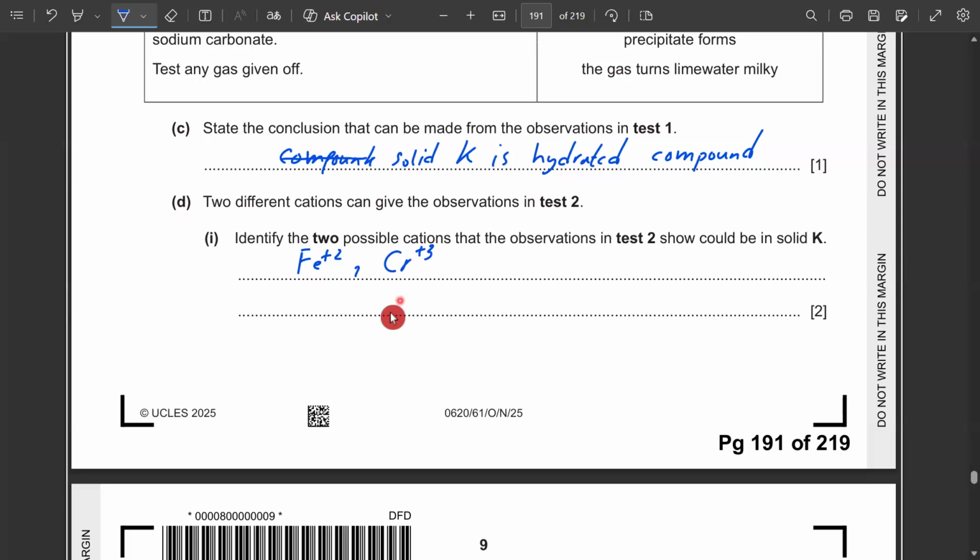You can either write the symbol or you can write the names as well. Iron plus 2 is basically written as iron and then bracket with Roman number 2, and for chromium then bracket 3.